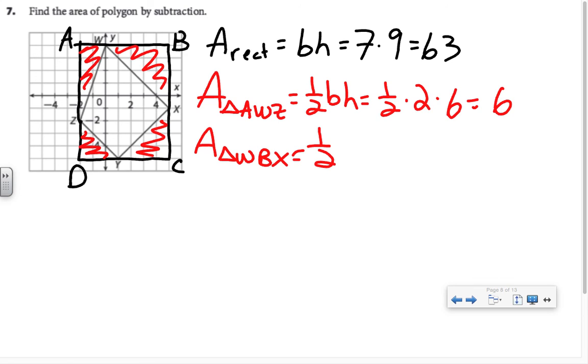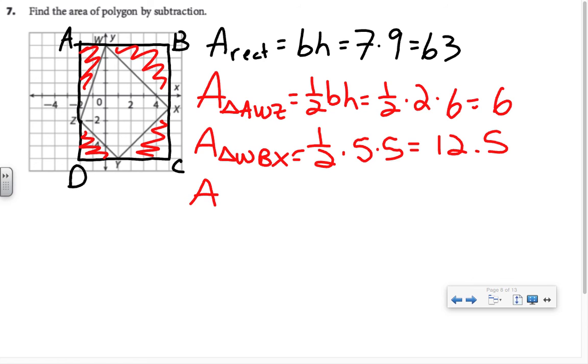Next, I'm going to find the area of triangle WBX. Same formula, 1/2 base times height. The base of triangle WBX is the length of WB, which is 5. The height of triangle WBX is the length of BX, which is also 5. So this is 12.5.